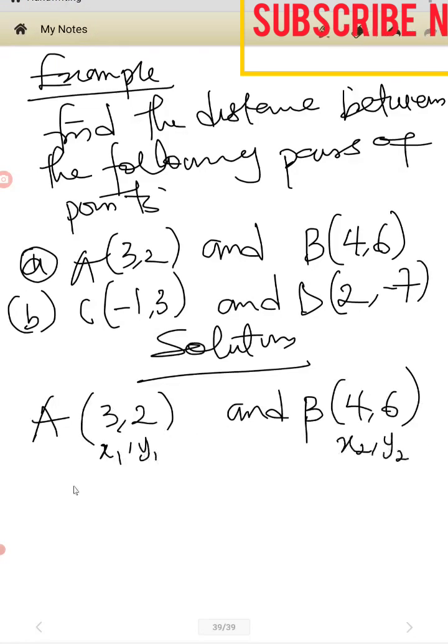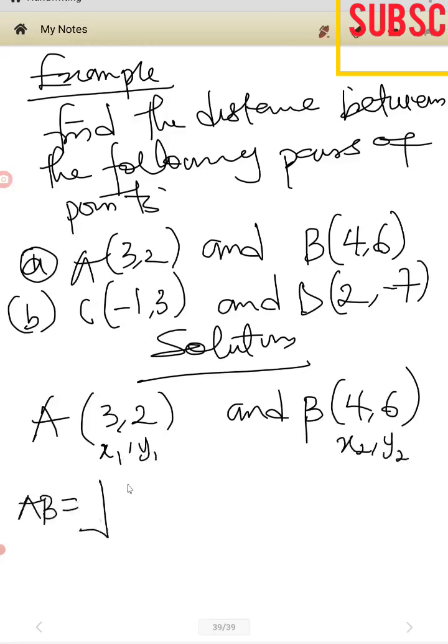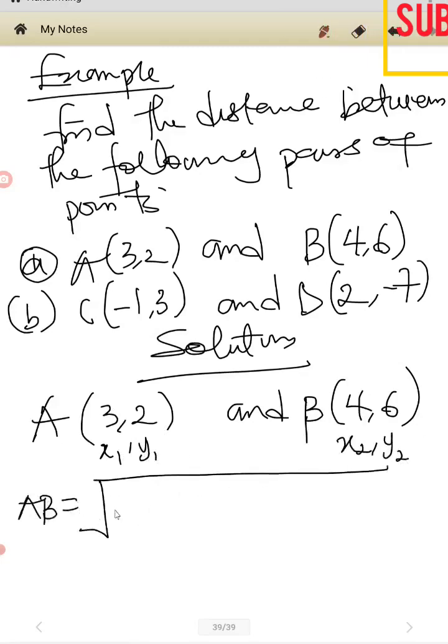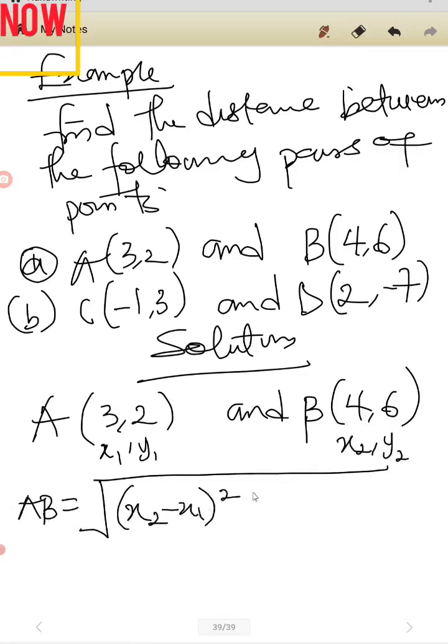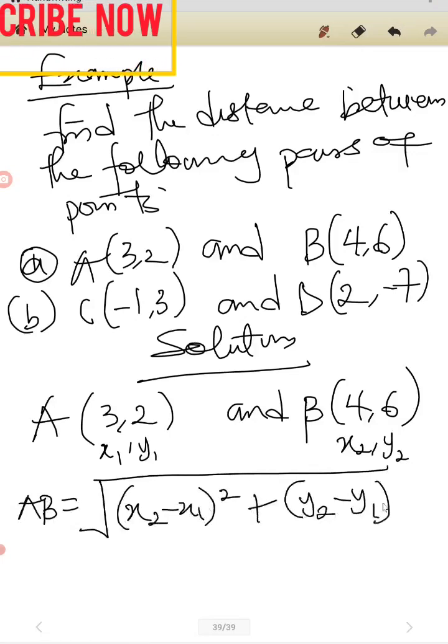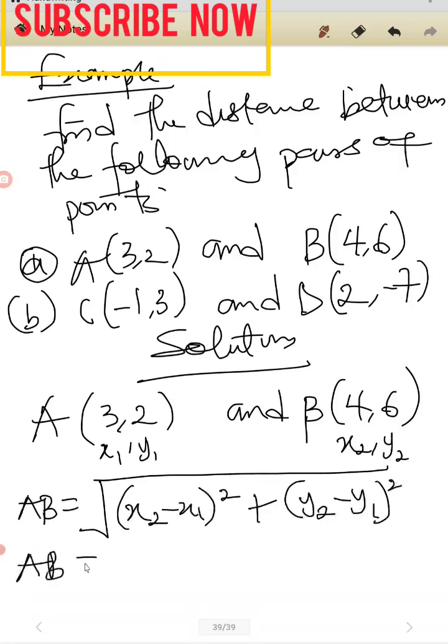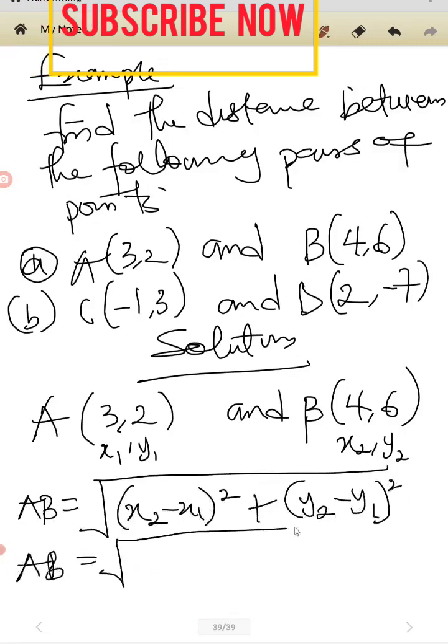And you know that the distance between AB, according to the formula that we proved, is the square root of x2 minus x1 squared plus y2 minus y1 all squared. So you just substitute into the formula straight.